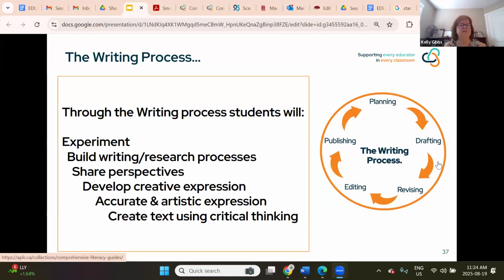They build their writing skills, they build their writing processes, but there's also research writing skills and processes. It's an ability to share their perspectives and their ideas of the world and what they understand. But the curriculum is meant to also help build creative expression.